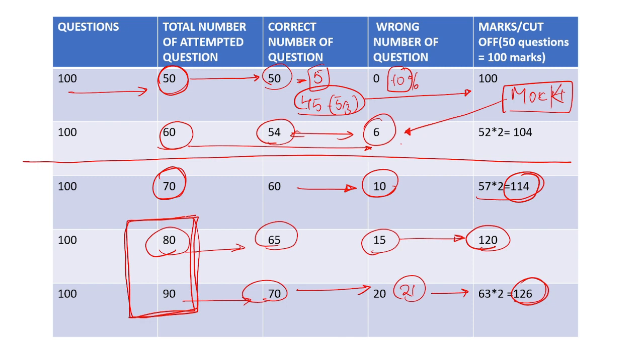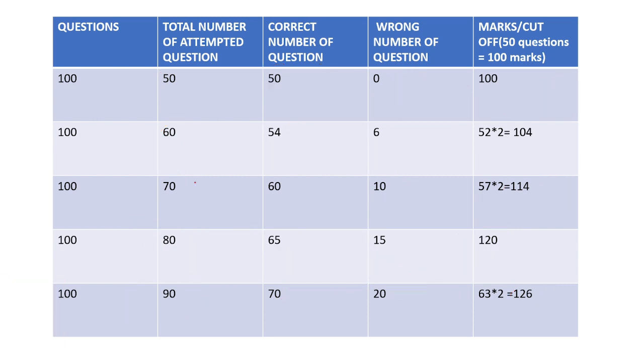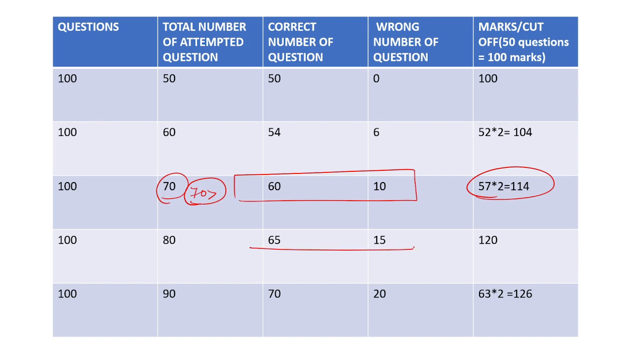You should know where you want to be, 50 or 70, 80, 90, but I would prefer not 60 or 50. I would say 70 and above, at least 70 and above. Please check in your mock test whether you are able to clear this, whether you are able to get a decent number of questions right and a decent number of questions wrong.